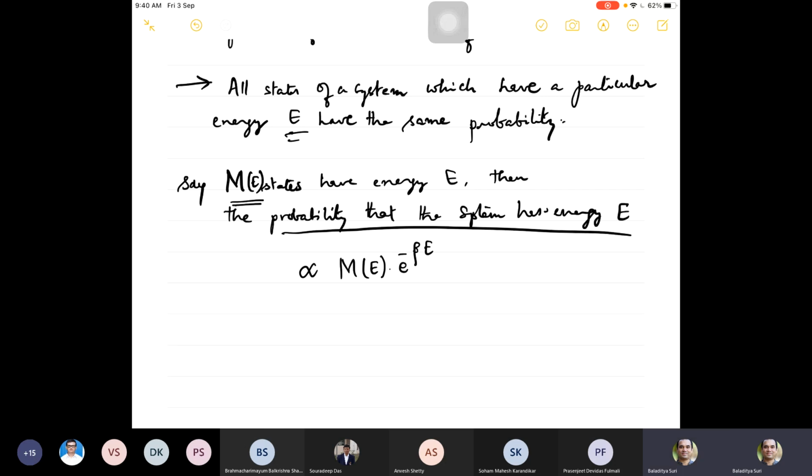If the system is in a particular state, it cannot be in another particular state, meaning these are mutually exclusive events. So what you get is usually the statistical multiplicity times the Boltzmann factor. This statistical multiplicity is also called degeneracy.